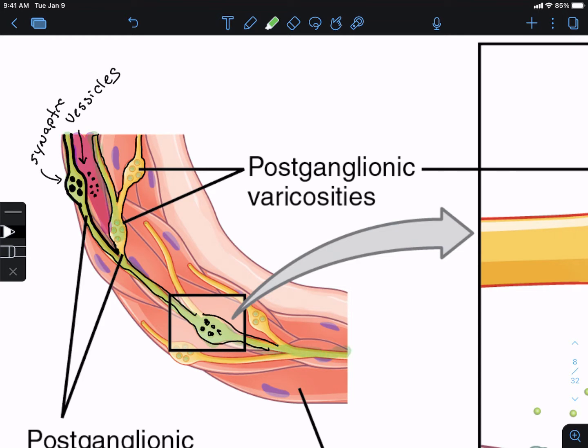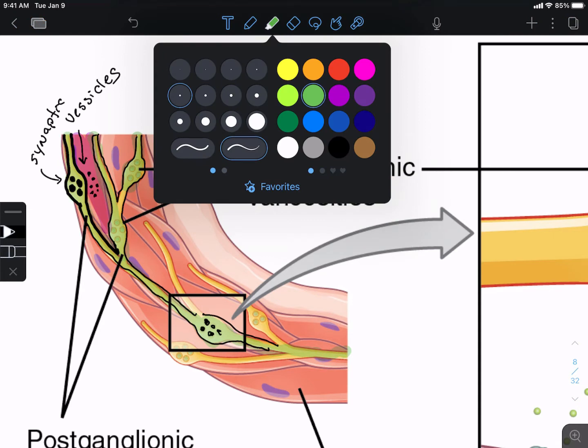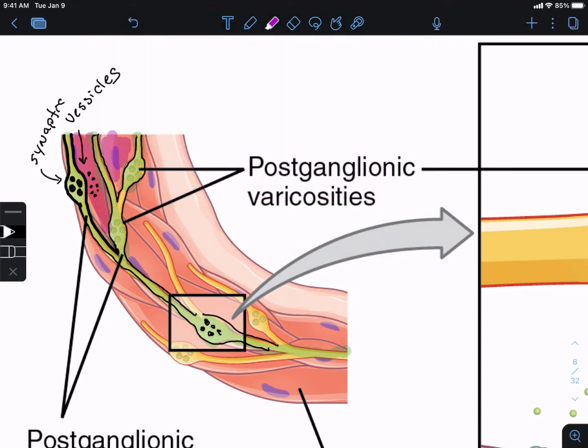From here to here, neurotransmitter release. From here to here, neurotransmitter release. And each time we release the neurotransmitter, we activate the smooth muscle cell that is synapsing with the varicosity. And so each of these smooth muscle cells would then be activated.